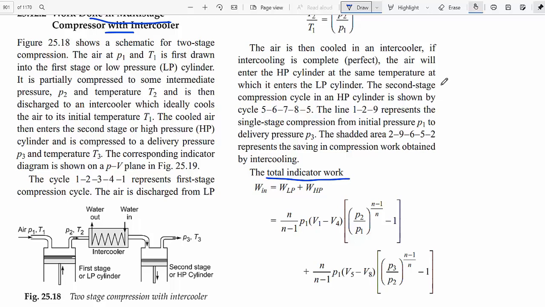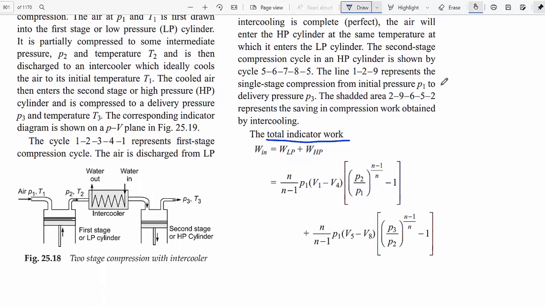We know work LP equals n by (n minus 1) P1 V1, with clearance considered, times [(P2 by P1) power (n minus 1) by n minus 1]. Then plus HP, which is the same formula, but the limits are different: P1 into (V5 minus V8) and (P3 by P2) power (n minus 1) by n. Two different pressure ratios.